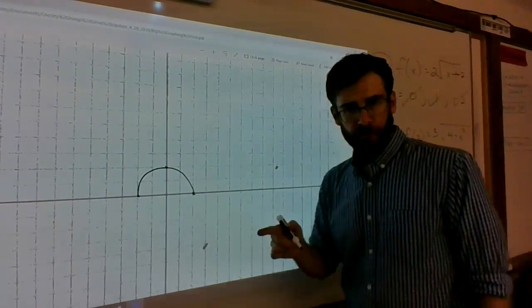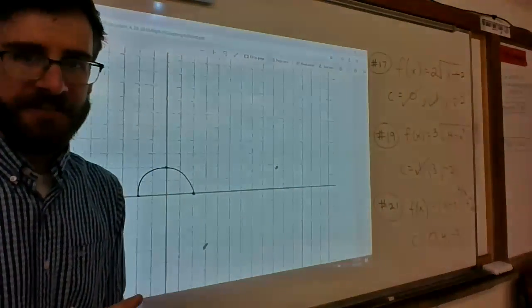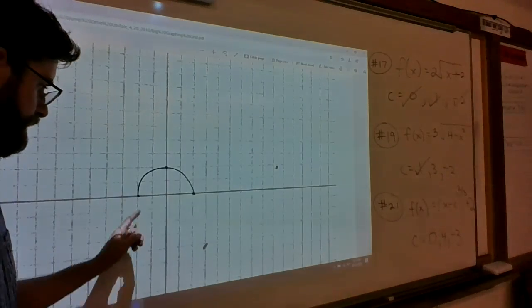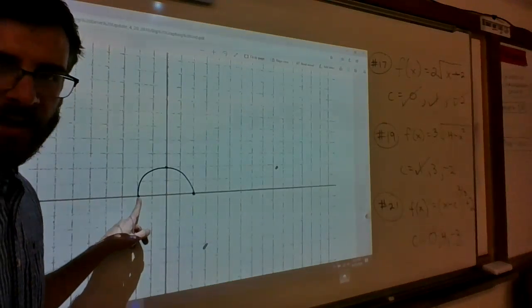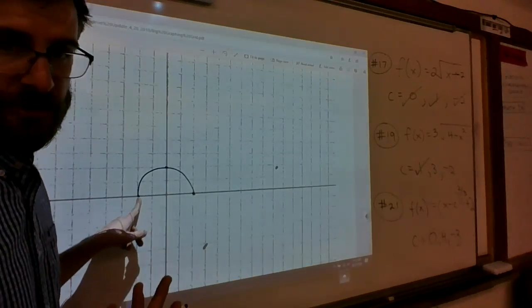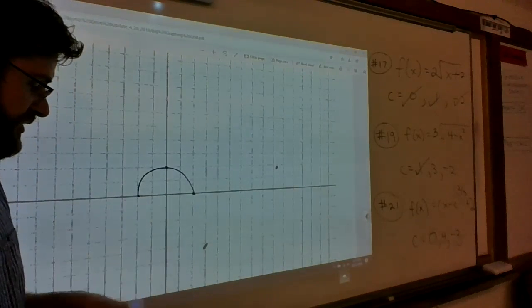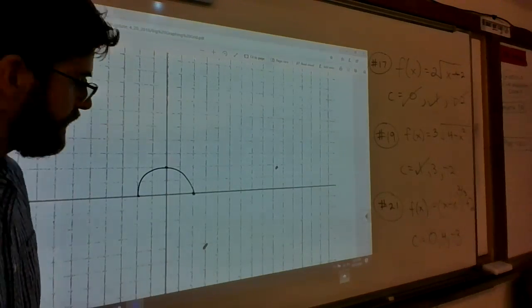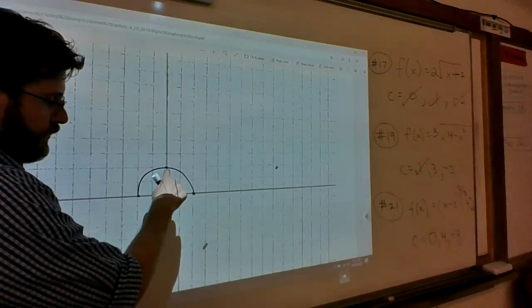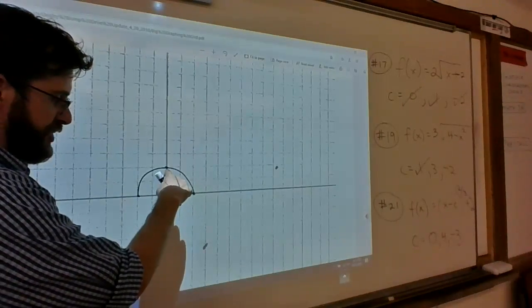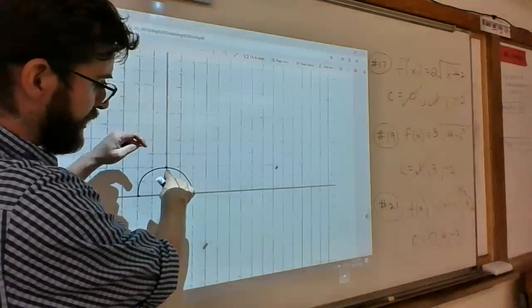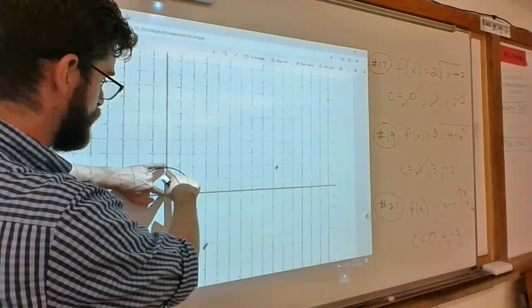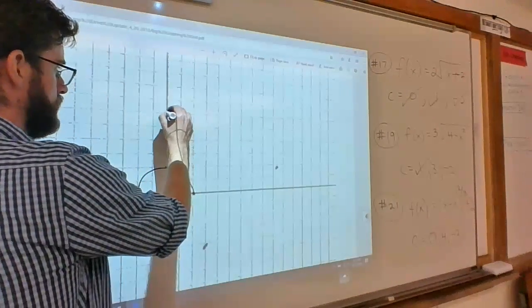When c equals 3, you no longer have a semicircle. Because even though these are y values of 0, and 0 times 3 is still 0, this radius of 2 value has just been multiplied threefold. So it's 2, 4, 6 now.